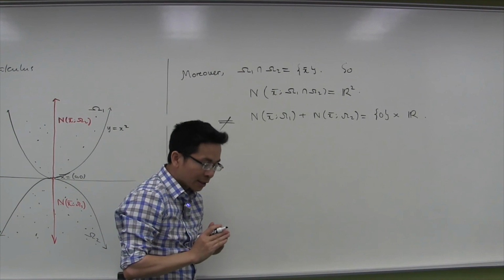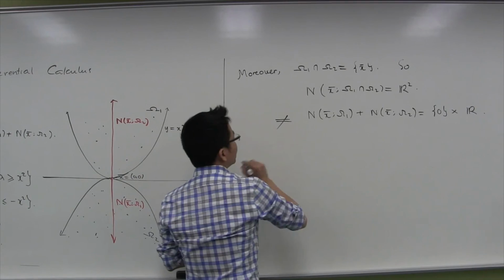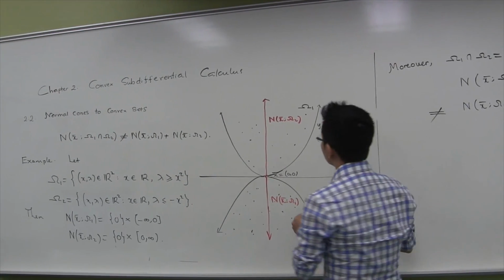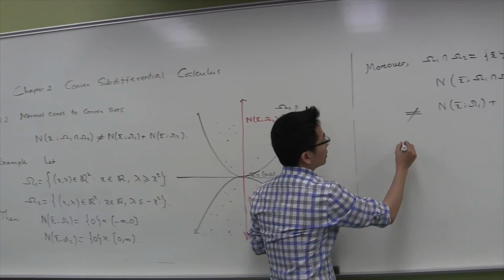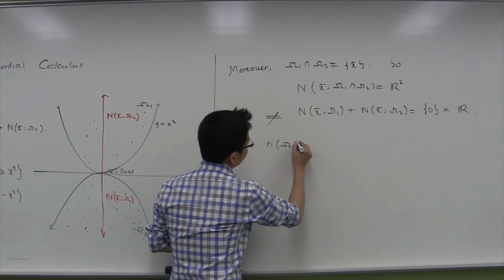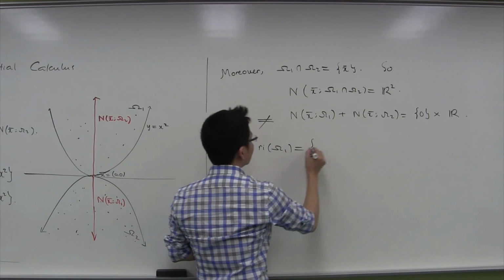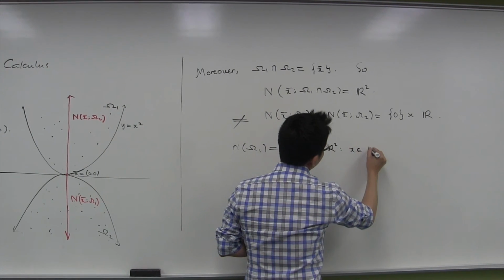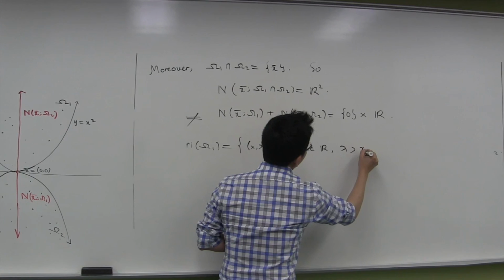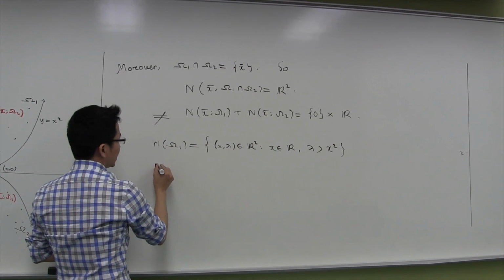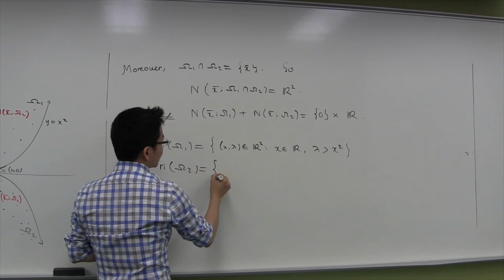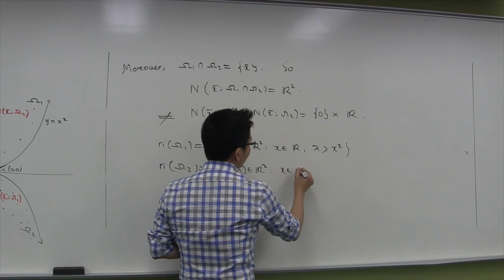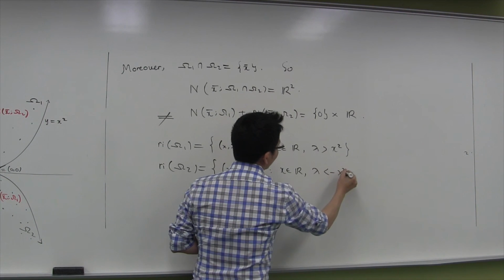Okay, so the reason here is that the condition given in our main theorem is not satisfied, because the relative interior of omega 1 is all (x, lambda) in R2 such that x is in R and lambda is strictly greater than x squared, and also the relative interior of omega 2 is the set of all (x, lambda) in R2 such that x is in R and lambda is strictly less than minus x squared.